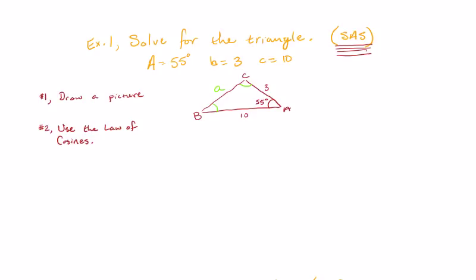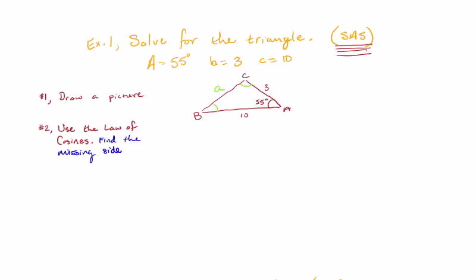So we're going to use the law of cosines, and we're going to find the missing side with the law of cosines. I could pick any of the ones that I want to use, but you want to make sure that you pick the one that uses angle A and obviously side A, and that's what we're trying to find.